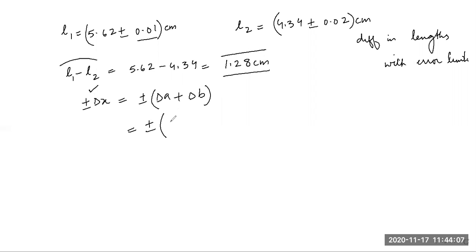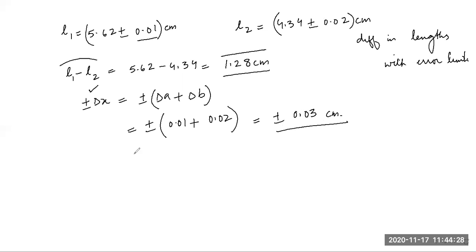So it will be plus minus 0.01 plus 0.02. The error will be added, right? So this is equal to plus minus 0.03, what unit? Centimeter. It will be centimeter.